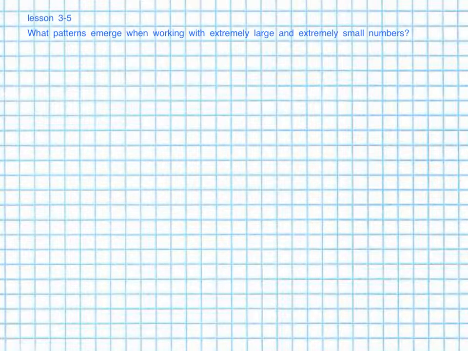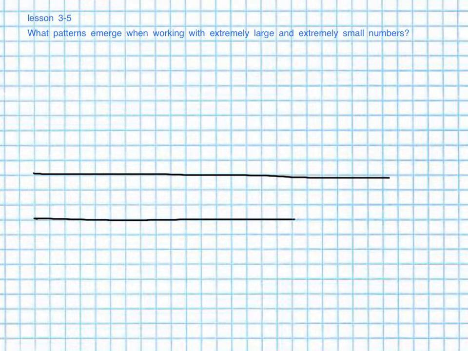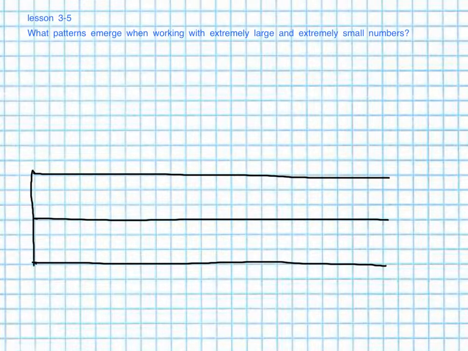But first, I'd like you to skip down 7 lines, and then before we build it, I'm going to do 3 lines to a row, and each one of my columns is going to be 3 wide.